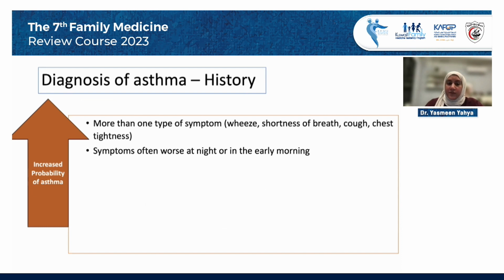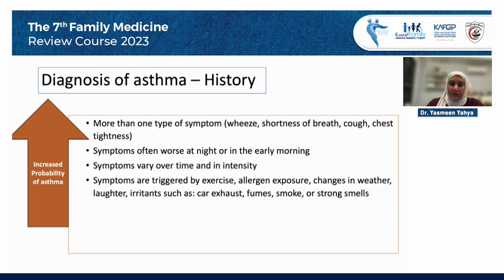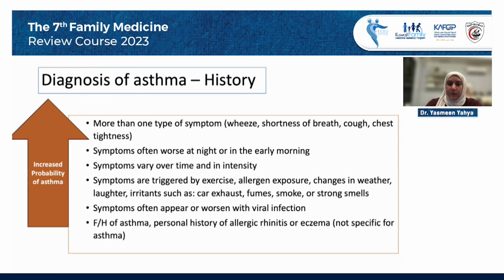If their symptoms are often worse at night or in the early morning, and if they vary in time and intensity, if they're triggered by certain allergen exposure or changes of weather, or by exercise or irritants such as fumes, smoke, or strong smells, and if the symptoms appear or worsen with viral infection.